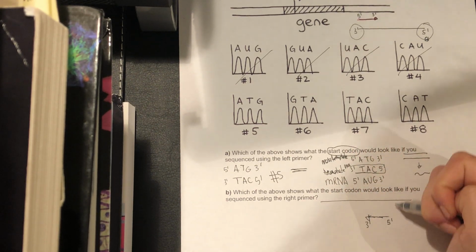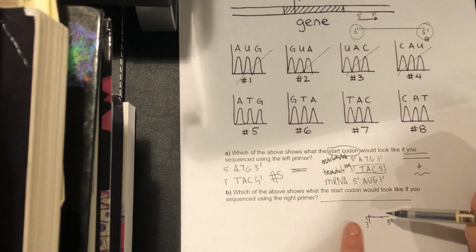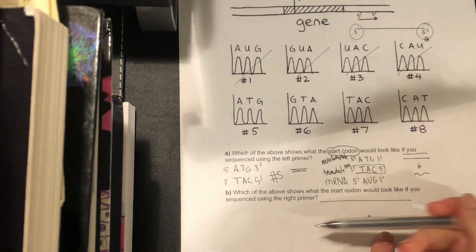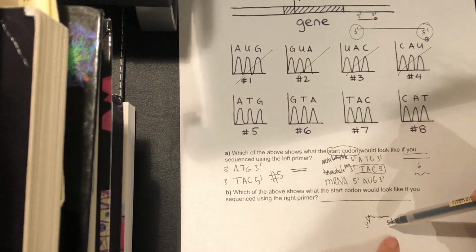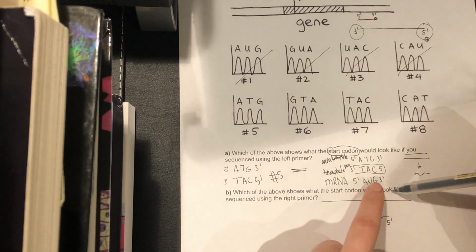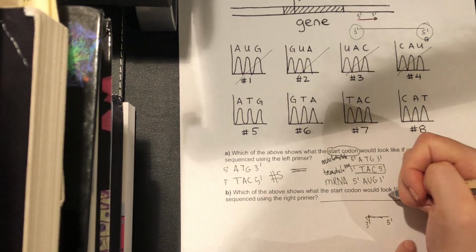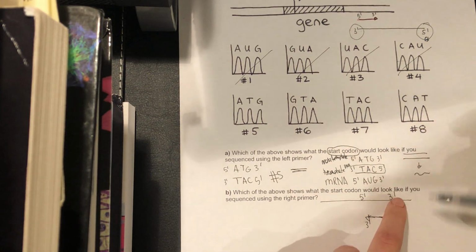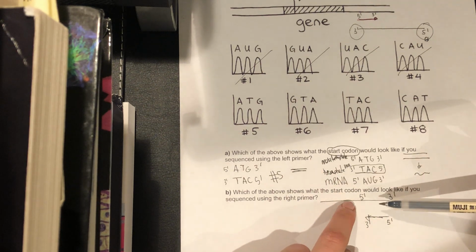So if that's where your primer is annealing, it's going this way. And to make it anti-parallel, this original DNA strand would have to be 3' to 5', right? 3' on the right side and the 5' on the left.